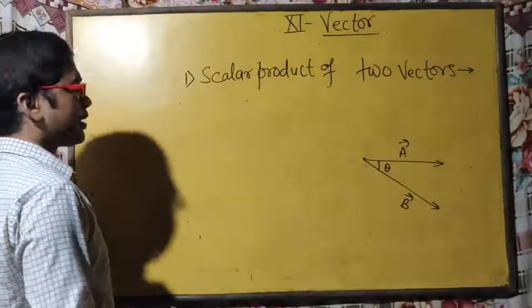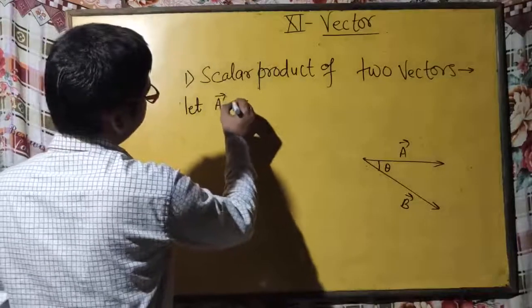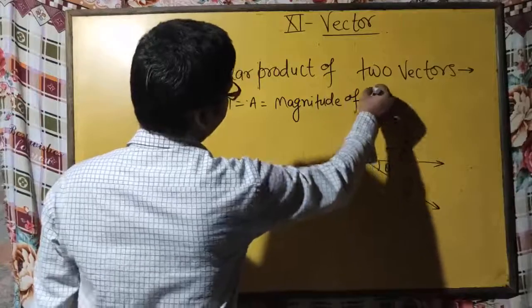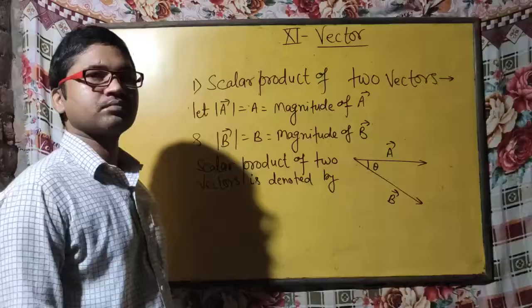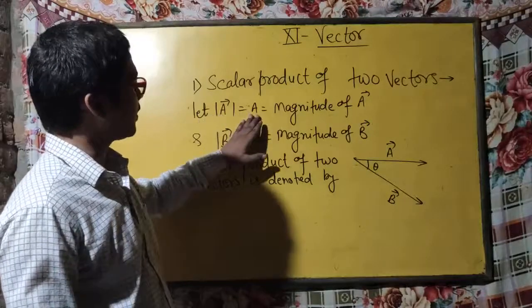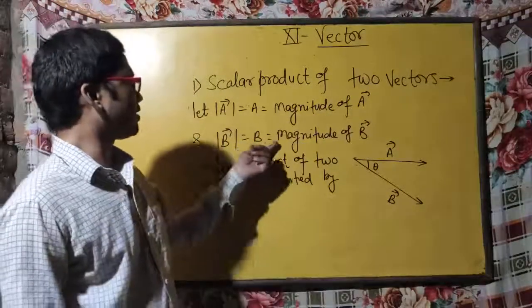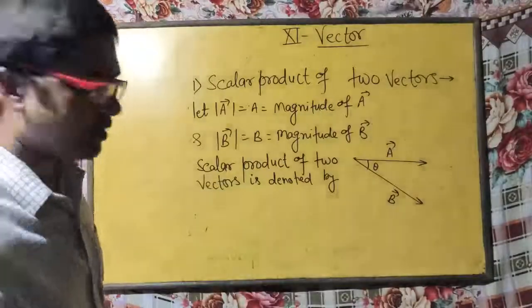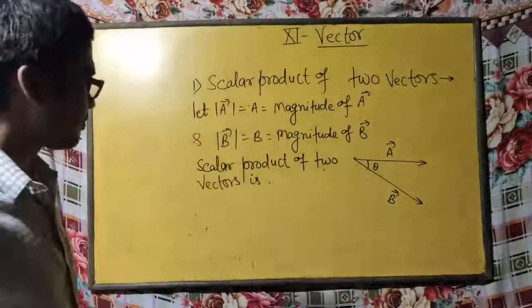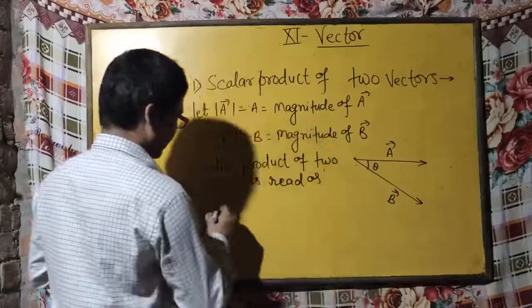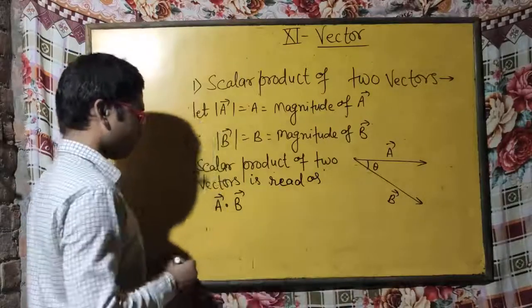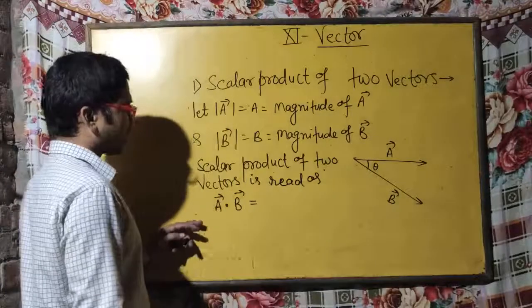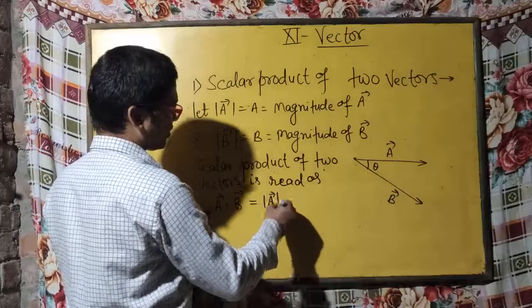Let A be the magnitude of vector A, and B be the magnitude of vector B. Then the scalar product of the two vectors is denoted by, or read as, A dot B. We read this as vector A dot B. This is equal to the product of the magnitude of vector A, that is, magnitude of A, which is now a number.